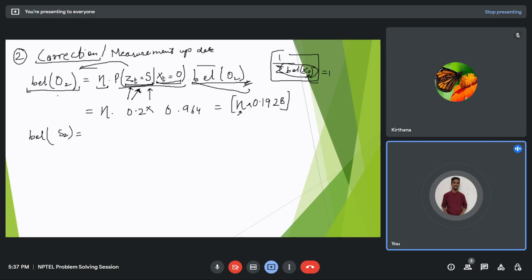Since these are the probabilities for the same variable, the door can either be open or be closed. So this is the same scaling parameter, but now you take the probability that the sensor reports shut when it was actually shut.